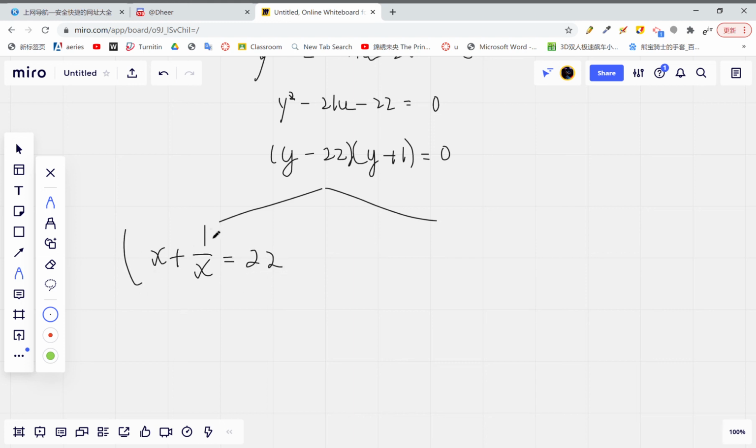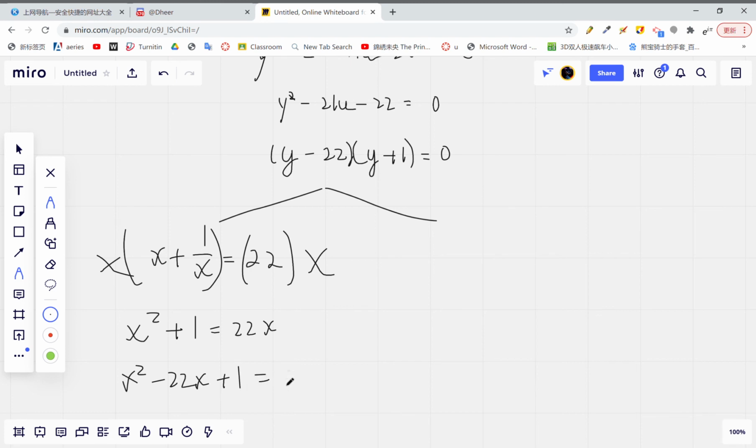Then we multiply both sides by x. We get x squared plus 1 is equal to 22x. And subtract, we get x squared minus 22x plus 1 is equal to 0.